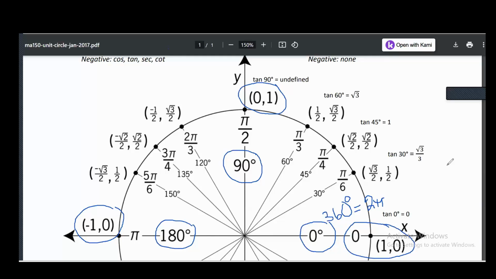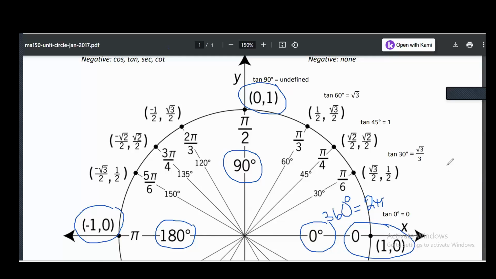Okay, so the reason why I point those out is because you kind of have to memorize them. So if I say, what is the cosine of 0, you should quickly tell me 1. And the way I remembered it was I remembered one, but not the other.